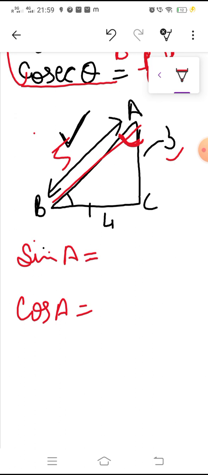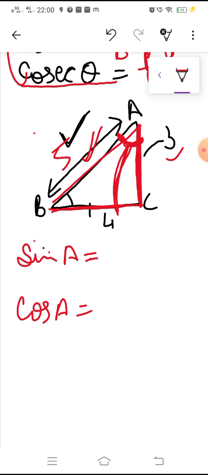As I said to you, the side in front of the angle is always the perpendicular, right? So here this is the angle. Now BC is the perpendicular. In this particular case, it will be the perpendicular and the angle lies on this side. So this is the base and definitely it will be the hypotenuse.